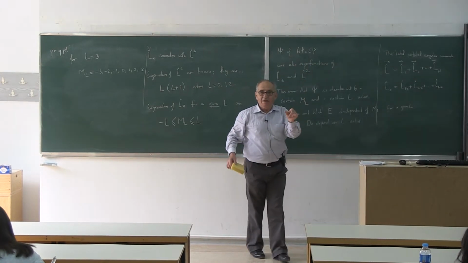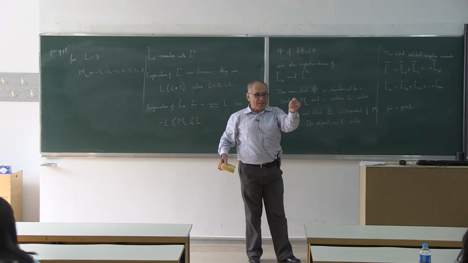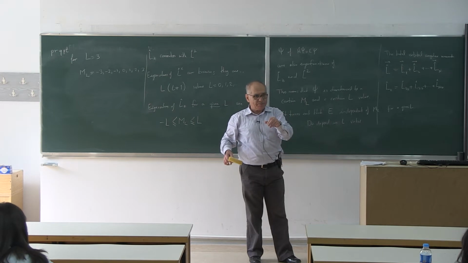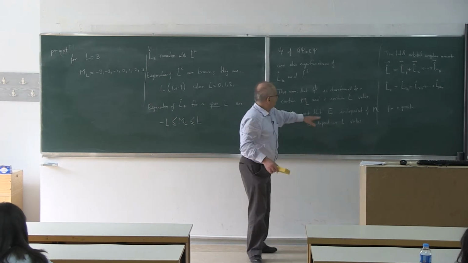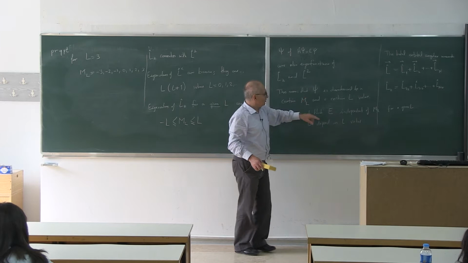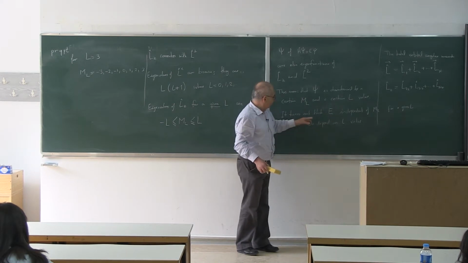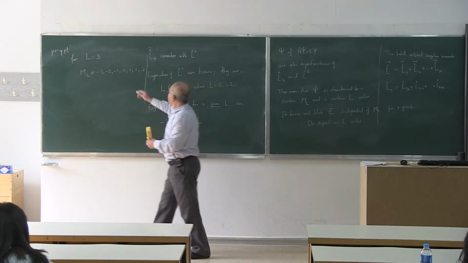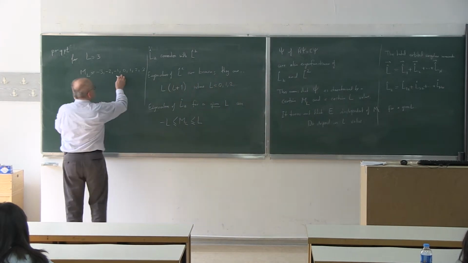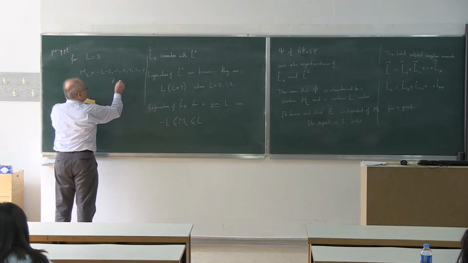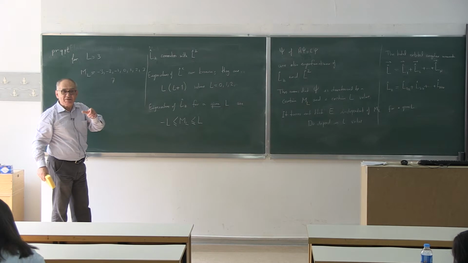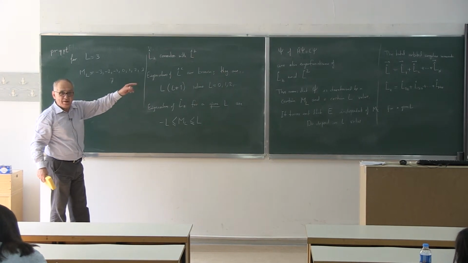So we have 7 different functions, all with L equals 3, but differing in their ML values. This rule says that all of these functions have the same energy. Energy is independent of ML. So there are 7 ML values here, and 7 different functions are possible. All of them have the same energy.